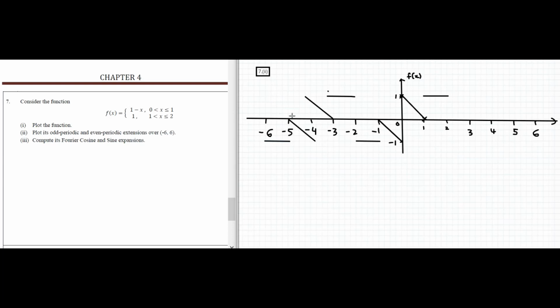So we repeat the same pattern, the same for the positive side of the graph. So this is the odd periodic function.